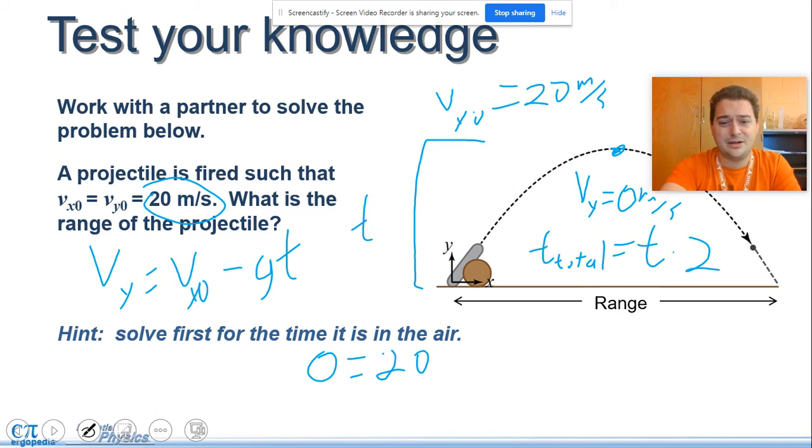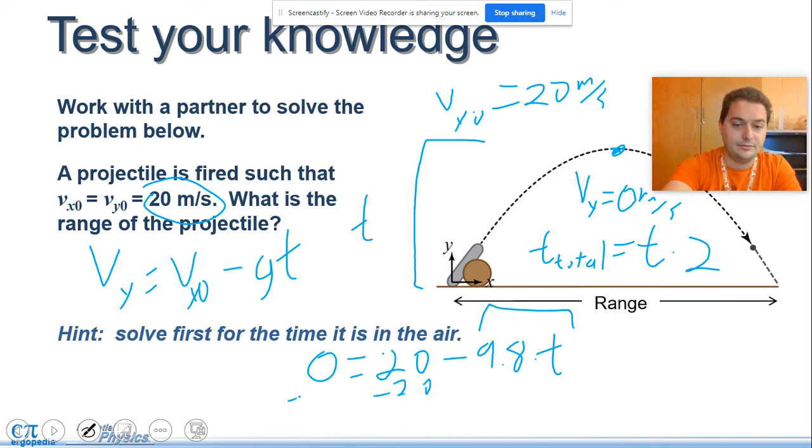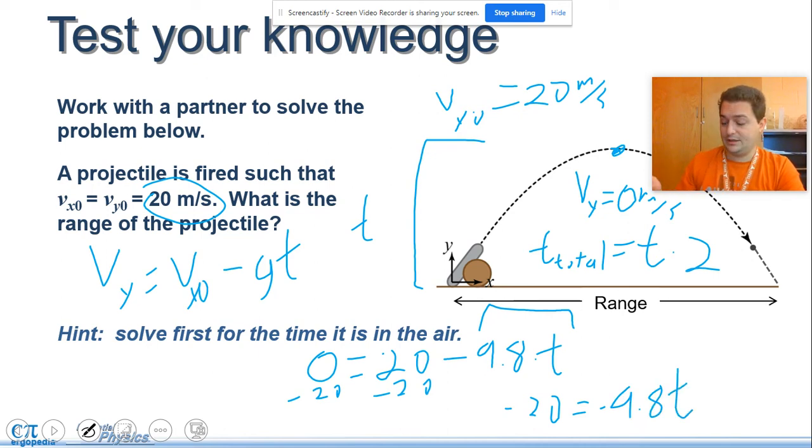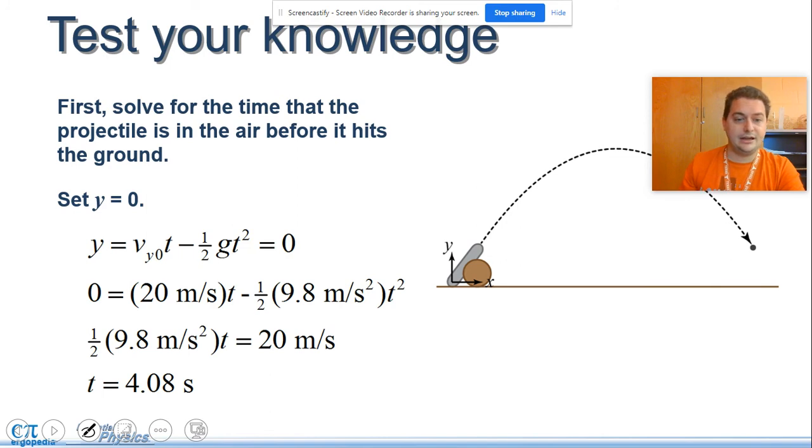My pen's messing up, so I'm not going to write the units. Minus 9.8 times t. How do we do this first? We need to get this by itself, so we'll subtract 20. You end up with negative 20 equals negative 9.8 times t. You divide by 9.8.